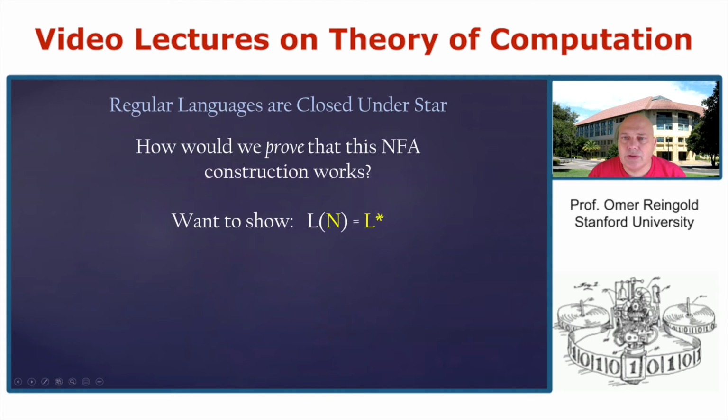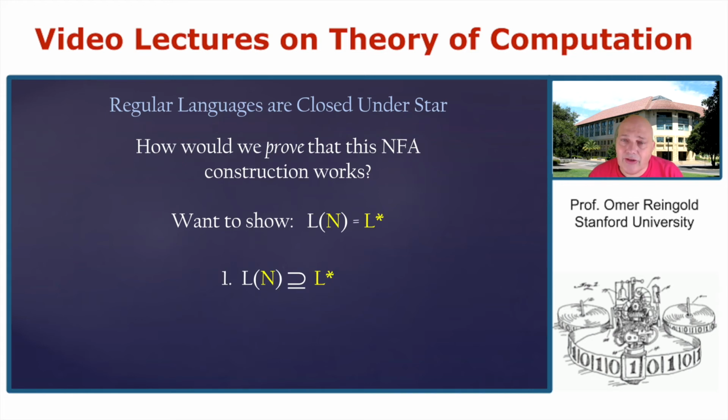So let's look at the proof that regular languages are closed under the star. We need to prove that L of this new non-deterministic finite automaton N equals L star. As I said, this contains two parts. We need to show that L of N includes L star. This is the part that's going to be easier, because that's how we constructed things.